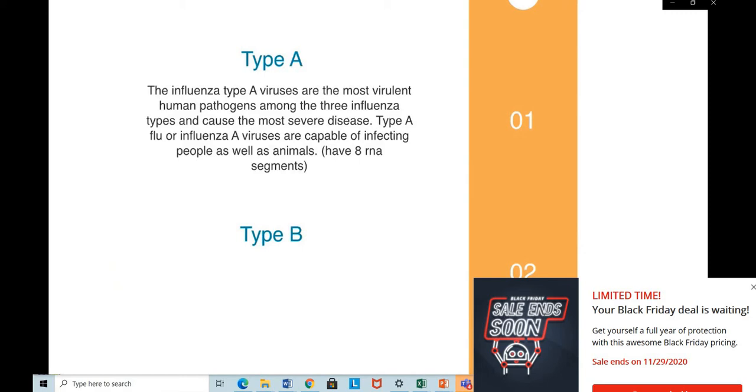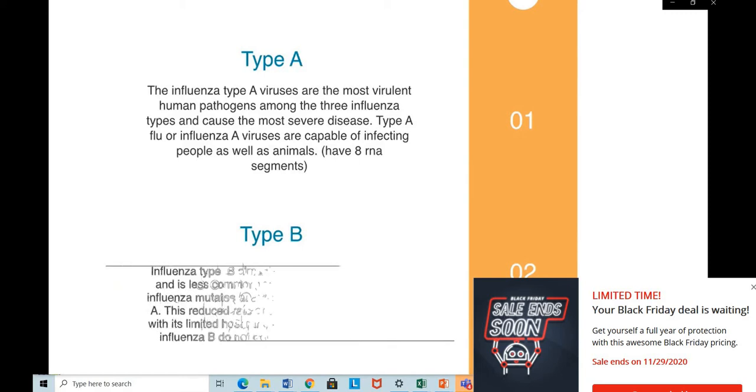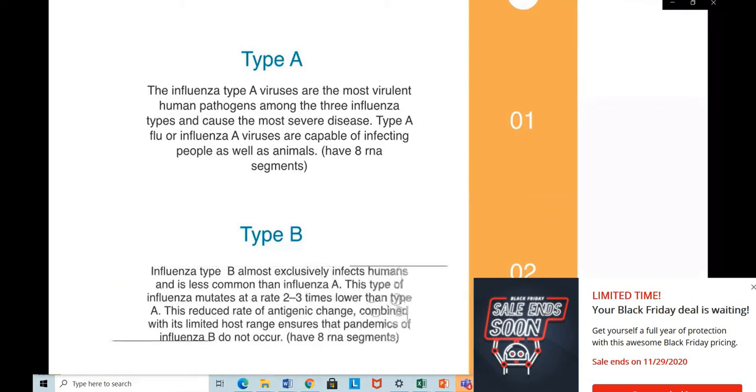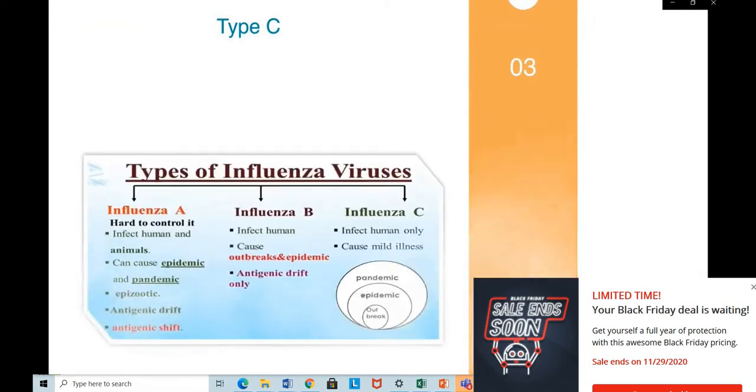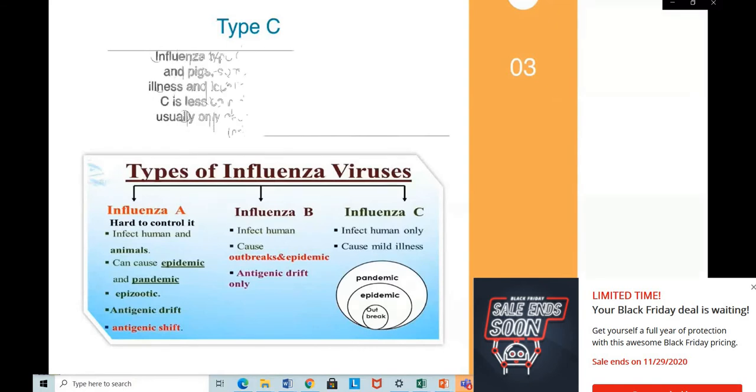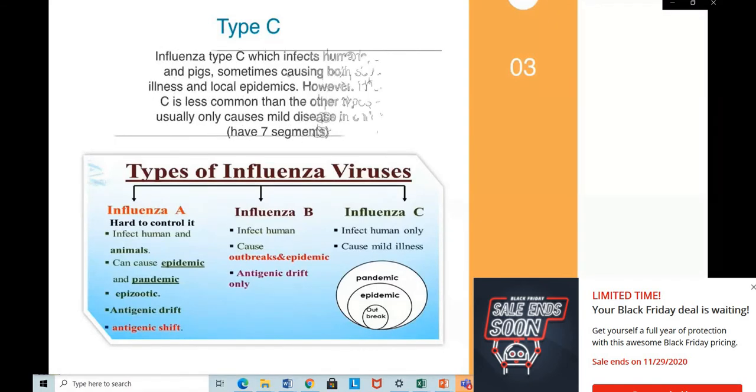Type B infects humans and is less common than influenza A, and this type of influenza mutates at a rate 2 to 3 times lower than type A. Type C. Influenza type C, which infects humans, dogs, and pigs, sometimes causes both severe illness and local epidemics, and it has 7 segments. And here is the summary of the 3 types of influenza viruses.